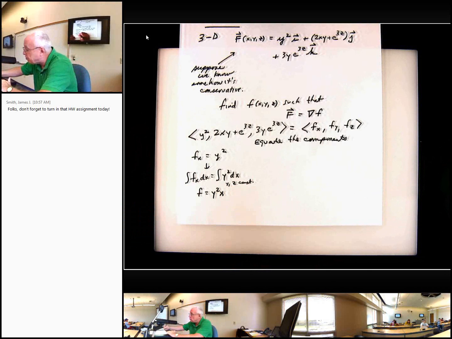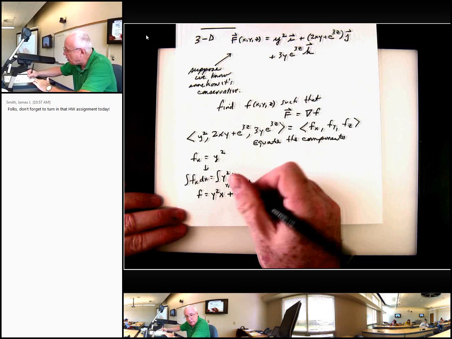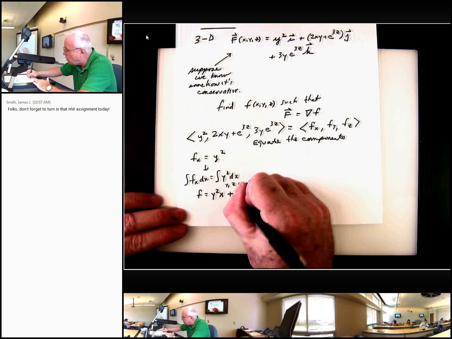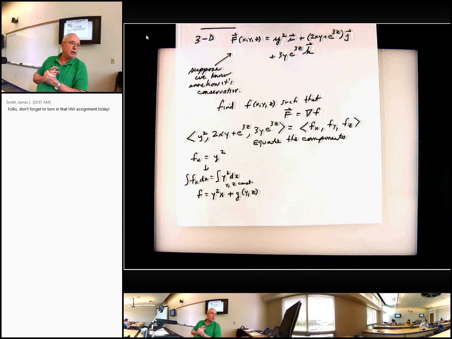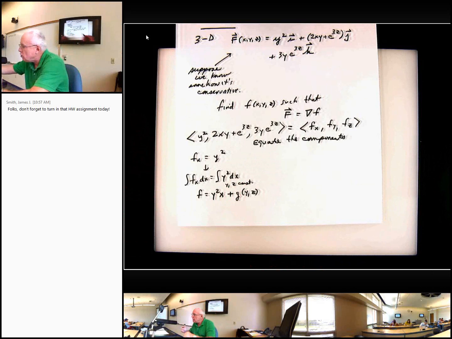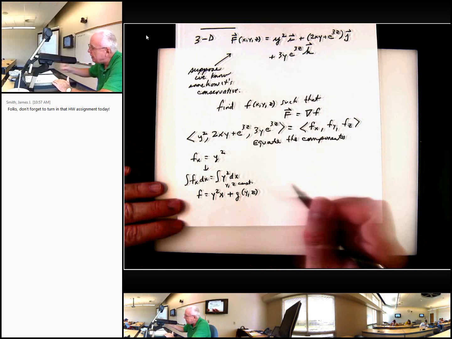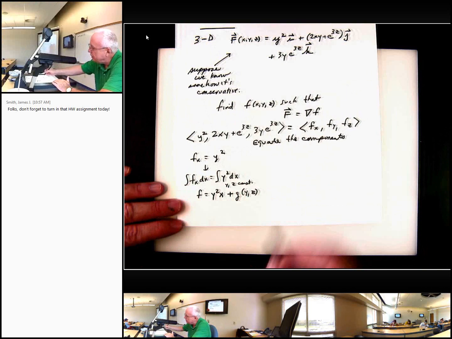So I'm going to put plus, I'll call it g of y comma z. Either one or both of those variables.